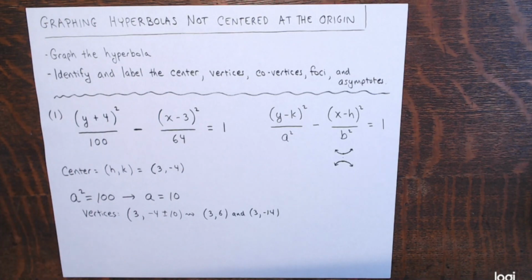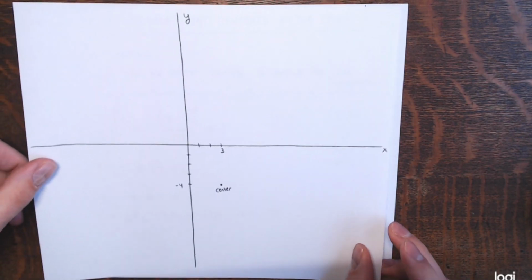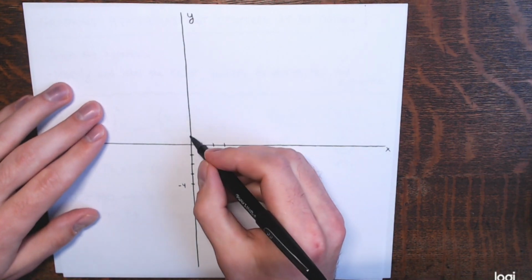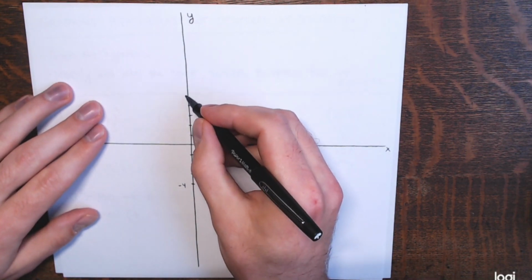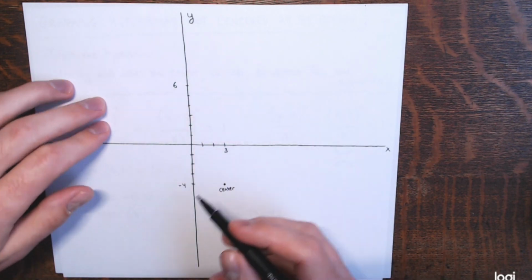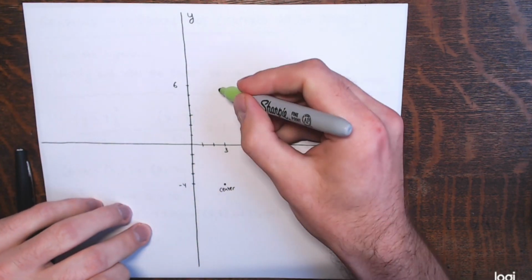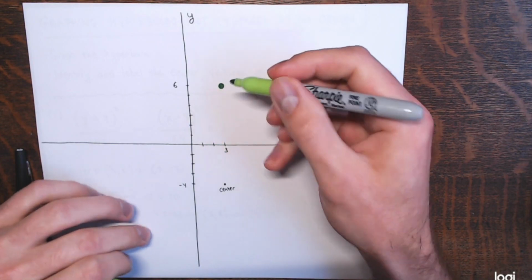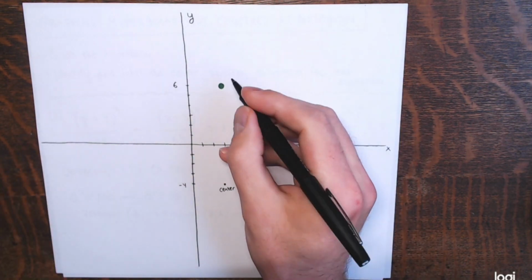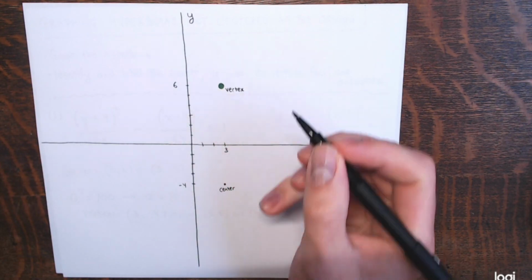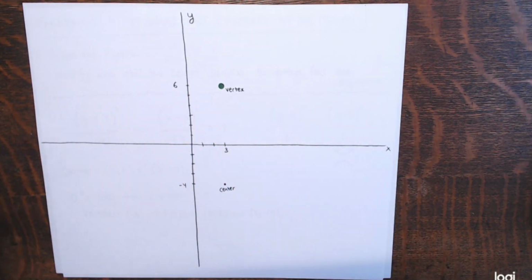All right, so back on my page here with the graph. From the center, I go 10 units up to 3, 6. And again, I'll label this. This is a vertex. That's a vertex, and that is a point on the graph. And so is the other one, right?